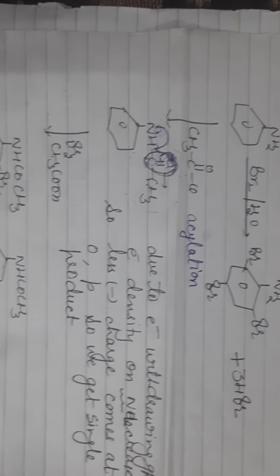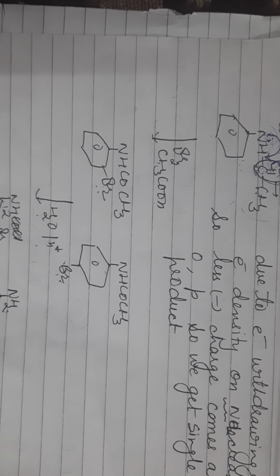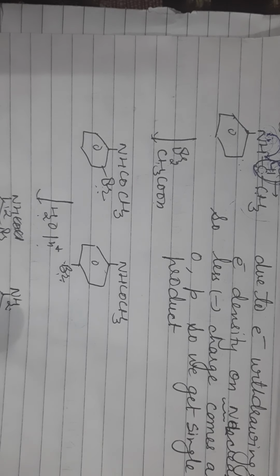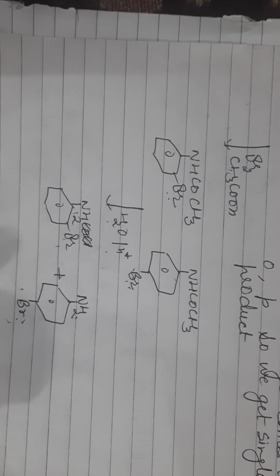Then we do its hydrolysis and we get single bromoaniline, that is orthobromoaniline and parabromoaniline. Why do we do hydrolysis here? To remove the introduced group, which is electron withdrawing in nature. So this is the bromination of aniline.